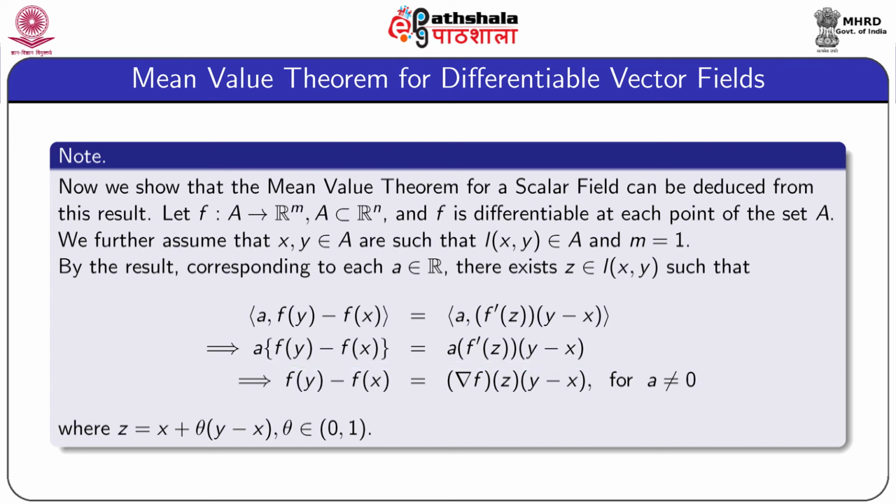Here a, f(y) minus f(x) all are from R, so their inner product is nothing but their product. Thus, we have f(y) minus f(x) equals grad f(z) operating on y minus x for any non-zero a, where we can express z equal to x plus theta times (y minus x), where theta lies between 0 and 1.